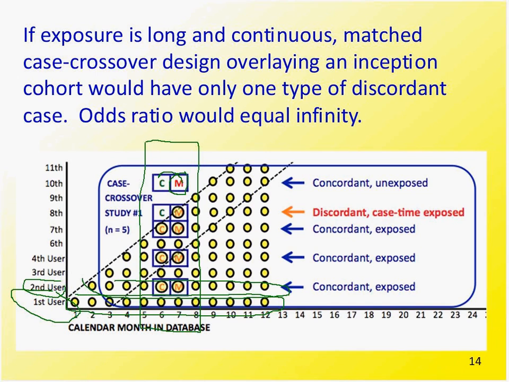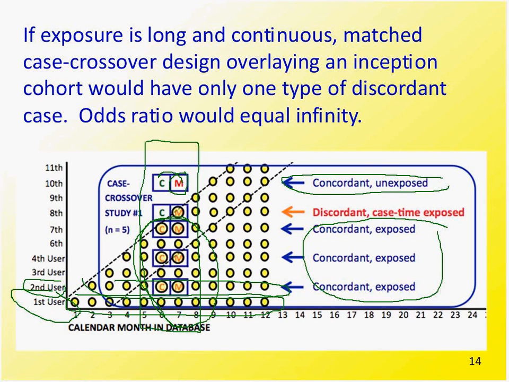All of these people here would be concordant, and both the concordant unexposed and the concordant exposed would drop out, and the only persons left in the analyses would be these discordant, time exposed.